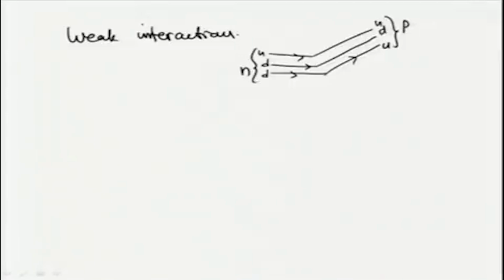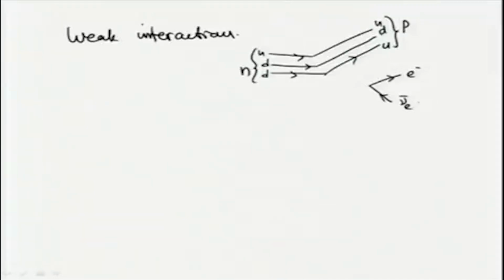So, one can at the quark level think about a d quark converting into a u quark, and an electron and anti-neutrino are created.